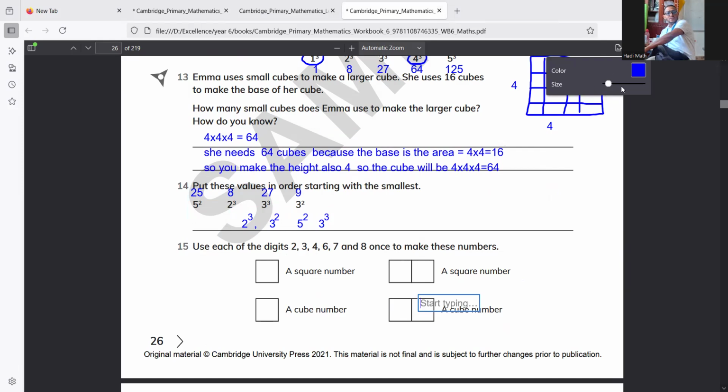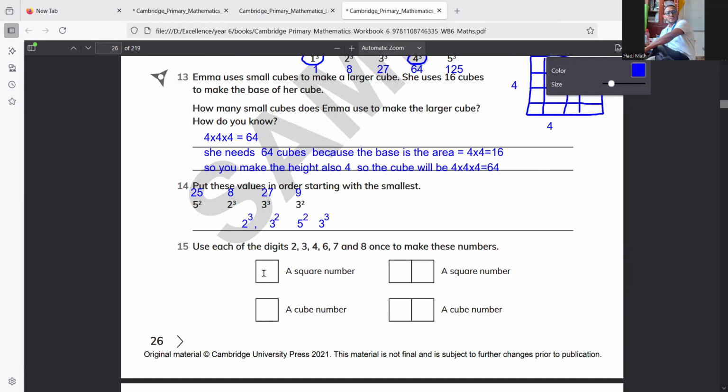Okay, let's go to the next question. Our last question here. They say use each of the digits 2, 3, 4, 6, 7 and 8 to make these numbers: a square number, another square number, a cube number, a cube number.